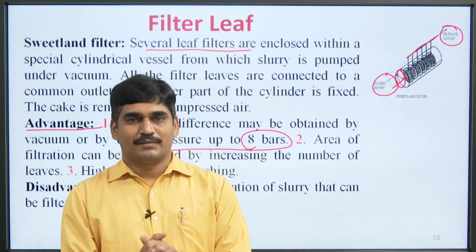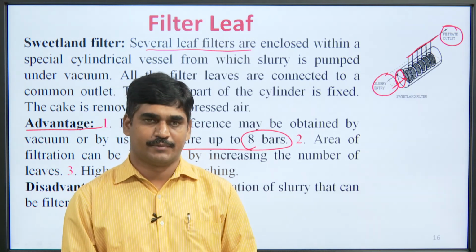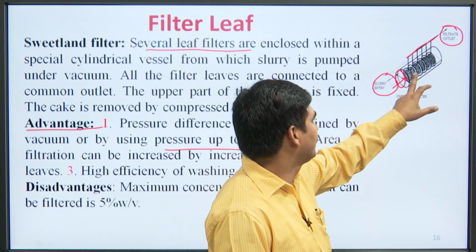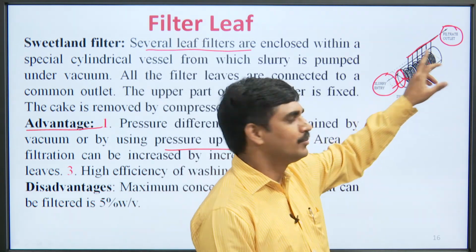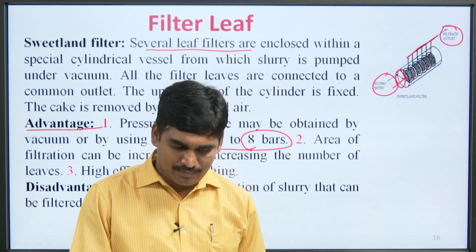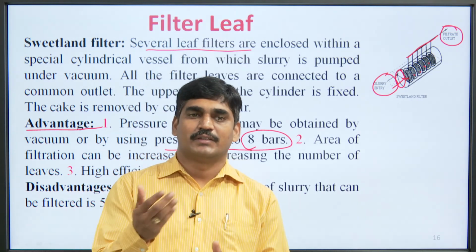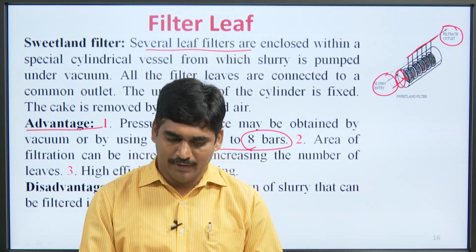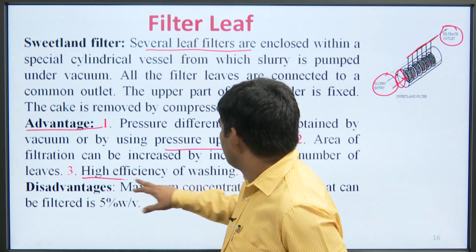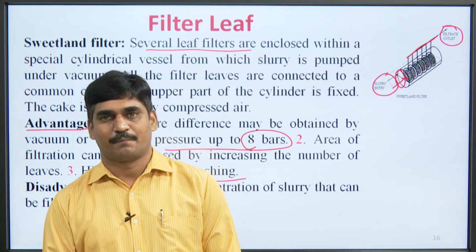The area of filtration can be increased by increasing the number of leaves. If we increase the number of filter leaves, the area of filtration increases, which leads to an increase in the rate of filtration. These equipments have a very high efficiency of washing.